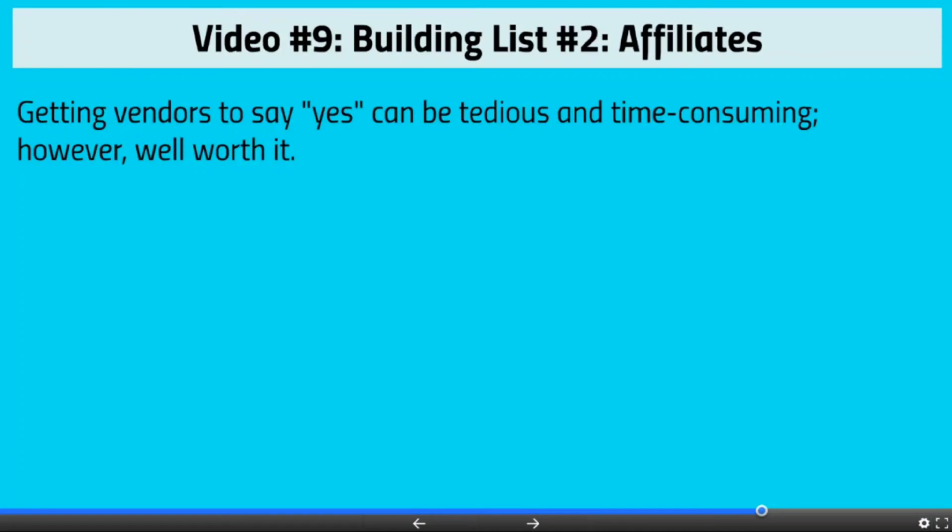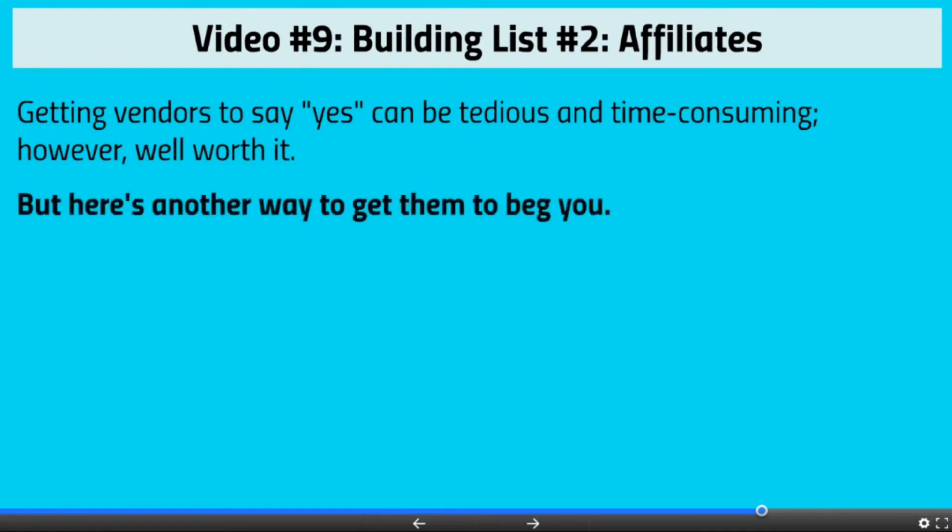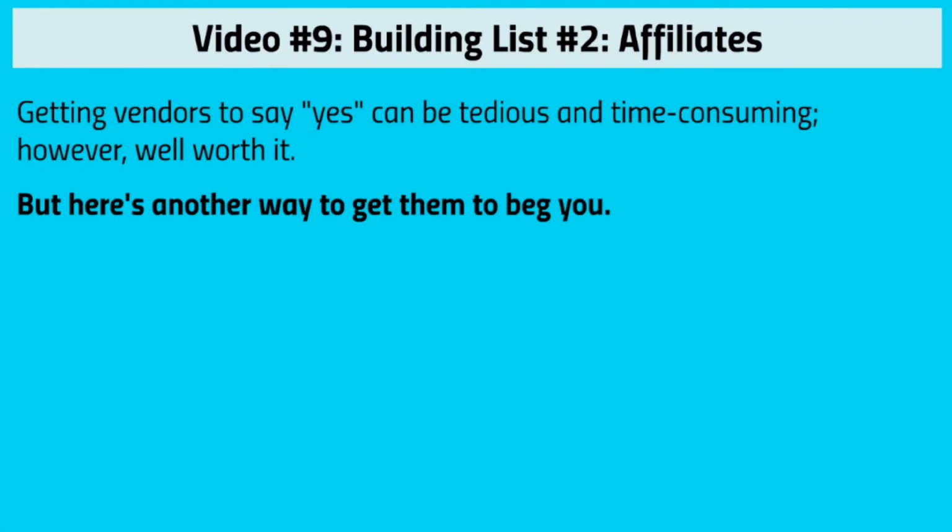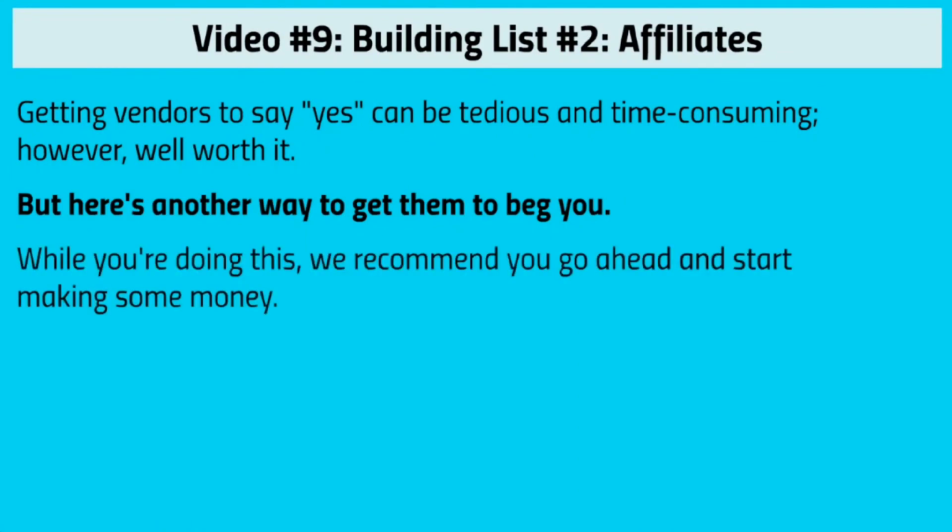So getting vendors to say yes can be tedious and time consuming, however, very well worth it. However, that said, there is another way to actually get them to come to you and get them to beg you. So this works really well. This is something that we have tested over time and works.